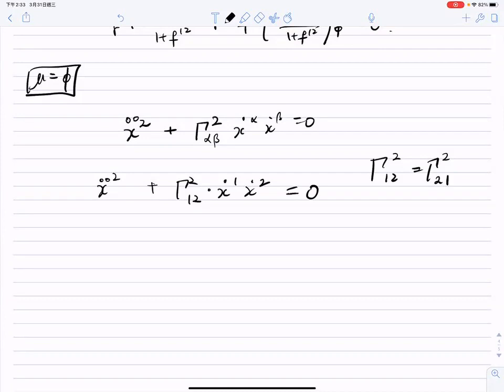That's because of the summation. You have to include the plus term: when alpha and beta flip the 1 and 2 numbers, it will be gamma 2 1 times x dot 2 x dot 1 equals 0.